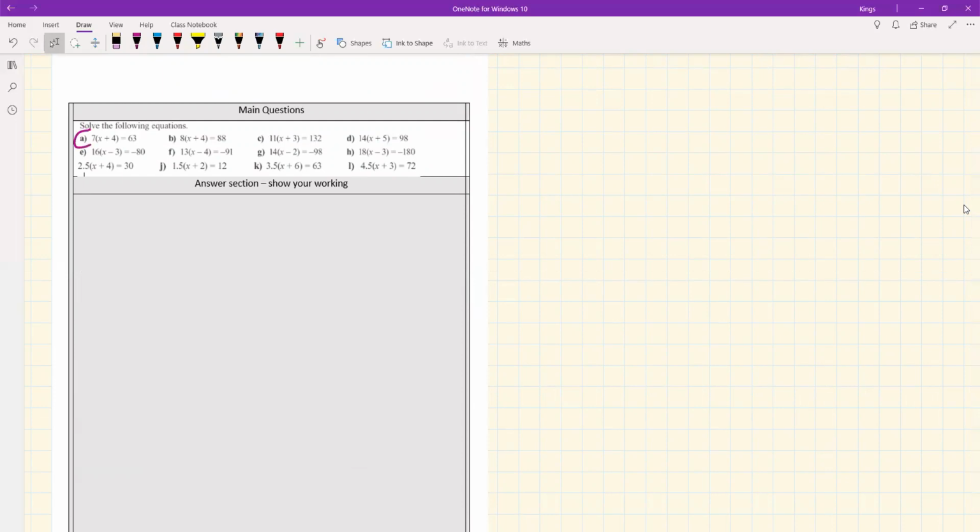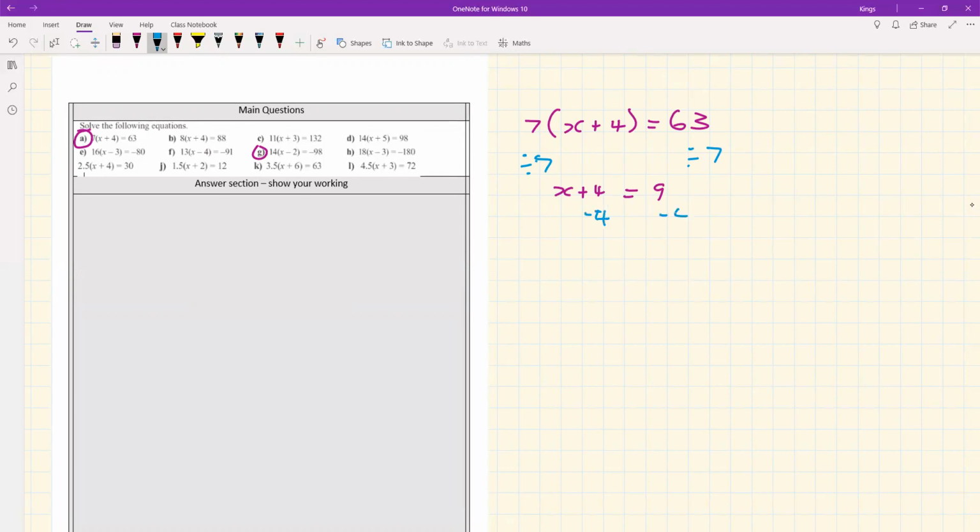So I'll do this one and probably G as well. So we've got 7 bracket x plus 4 equals 63. Okay, now divide both sides by 7. Here you have x plus 4 equals 9, and then take away 4 now.